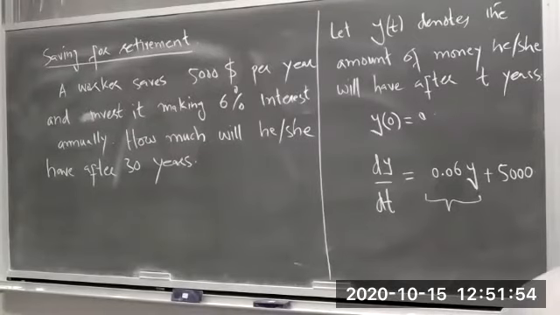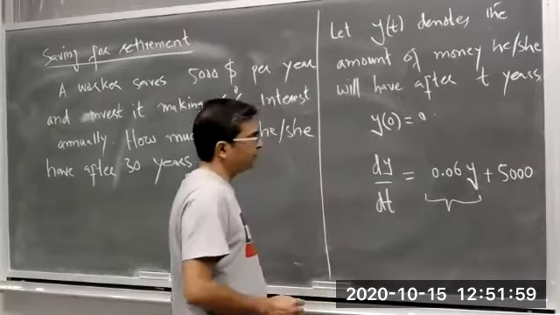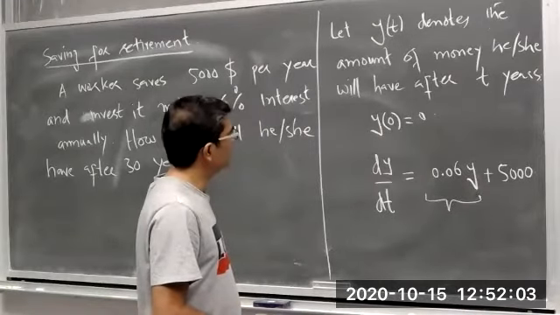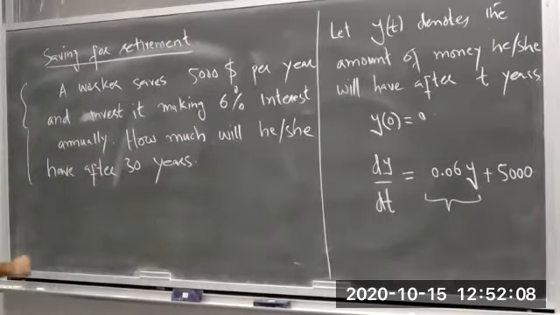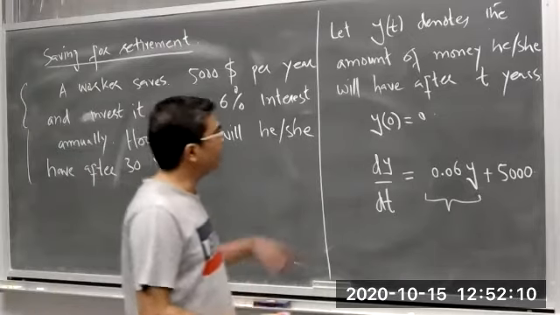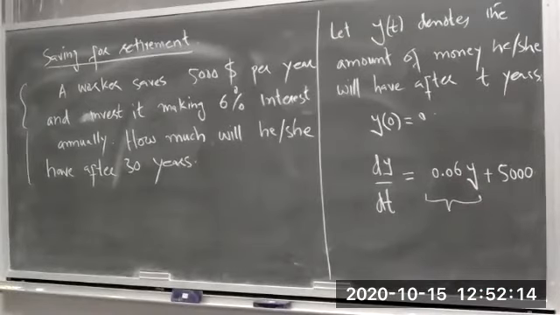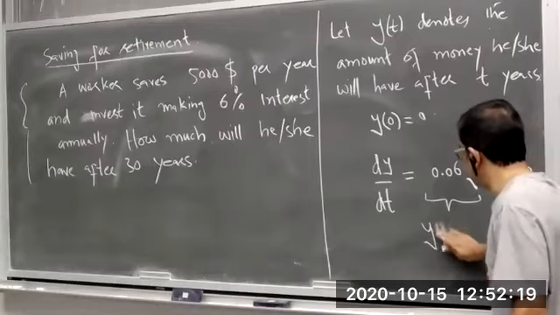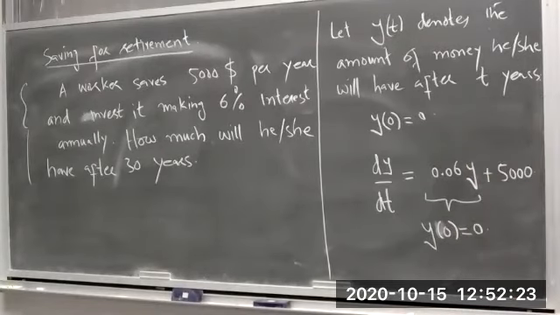So there are many problems which we encounter in our daily life, and we can use differential equations to model these kinds of problems. Now, this is the differential equation along with the initial condition y at 0 is equal to 0.